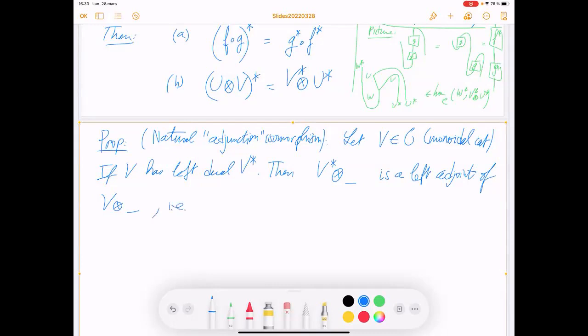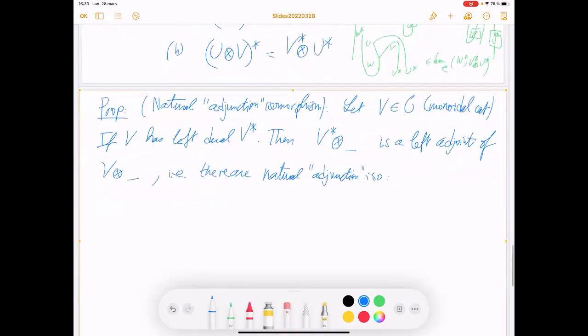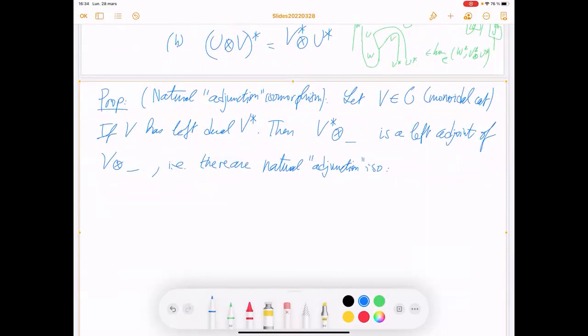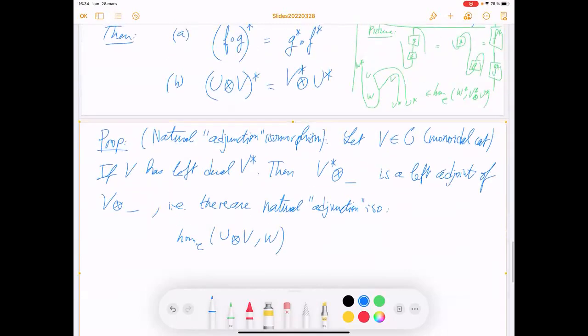In other words, there are natural adjunction isomorphisms as follows. Hom in C from U tensor V to W, and then you recover why I draw such a picture here.